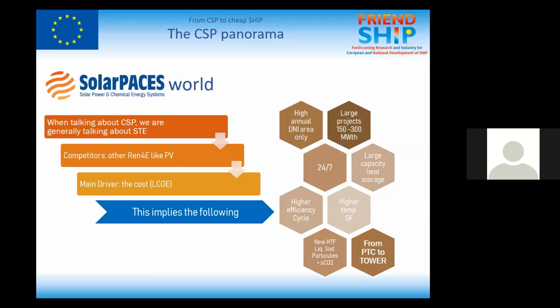So you are also supposed to have a large capacity of heat storage. And due to a search for better efficiency, you are going higher in temperature in the solar field and searching for higher efficiency in the cycles. It explains a lot of work now in CSP on new heat transfer fluids like liquid sodium, particles or supercritical CO2 in the cycles. It also explains that in the CSP landscape, we move from technology like PTC to towers due to the surge in higher temperatures.